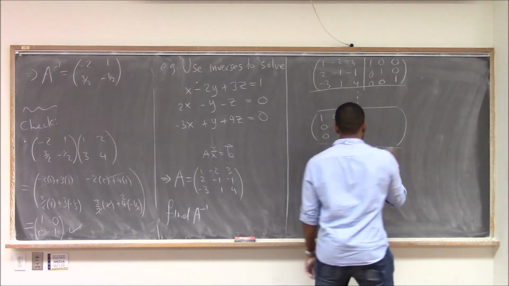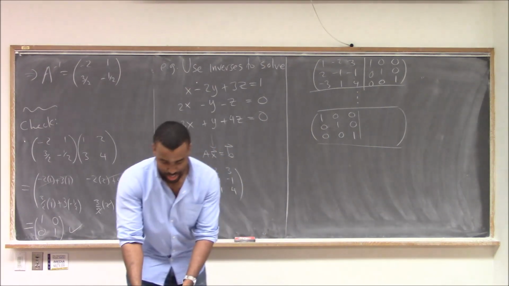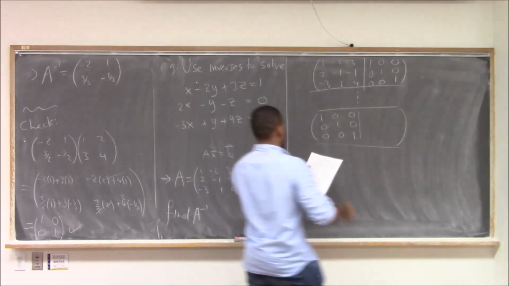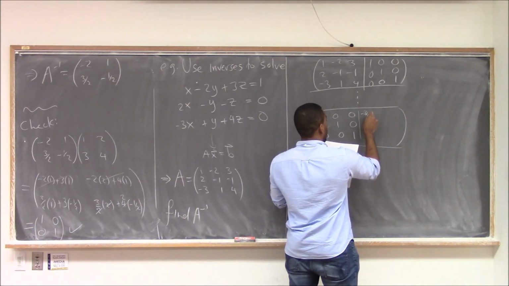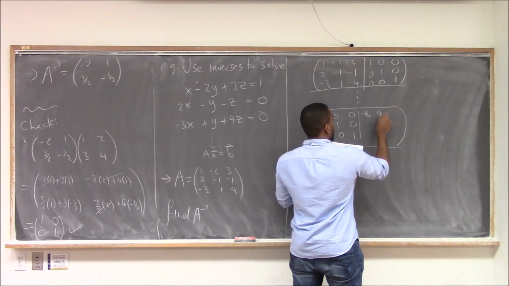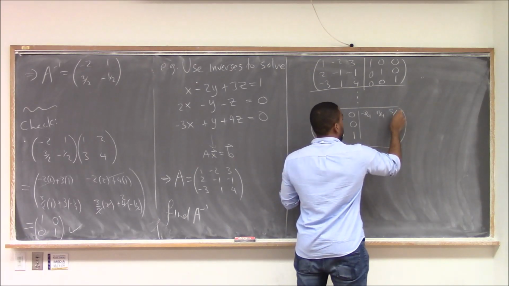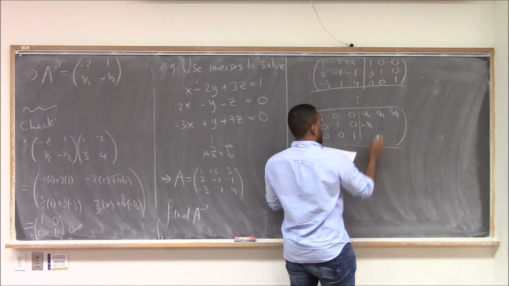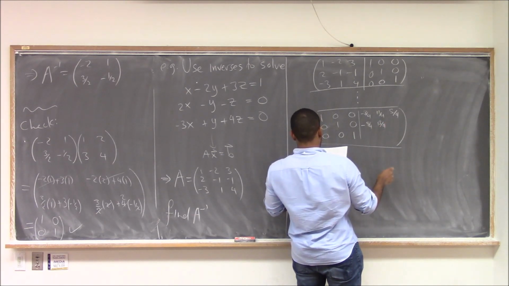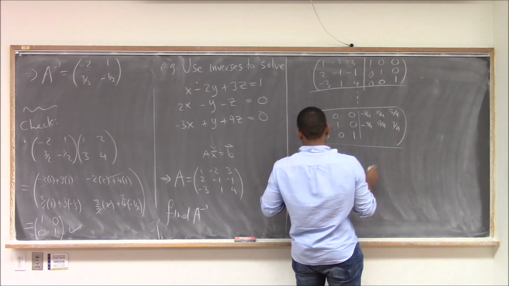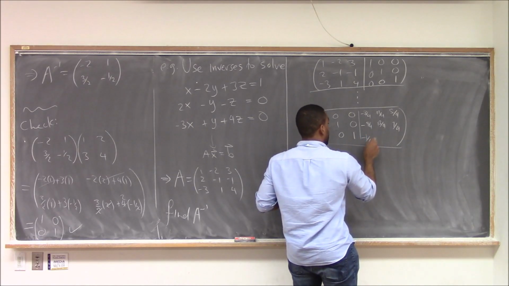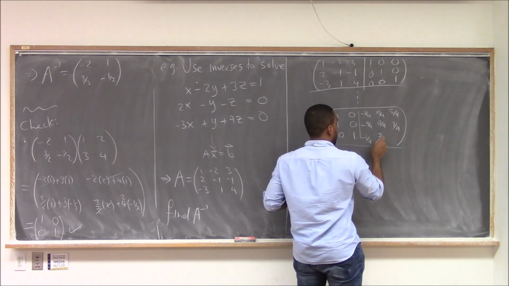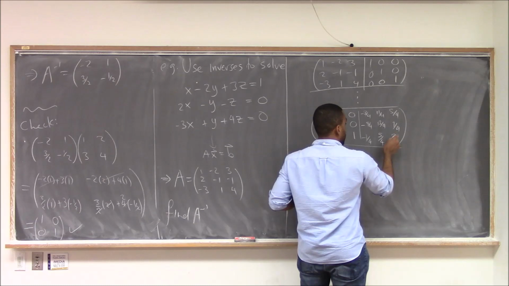On the other side, you'll have this delicious meal that looks like minus 3/4, 11 over 4, 5 over 4, minus 5 over 4, 13 over 4, 7 over 4, minus 1 over 4, 5 over 4, and 3.